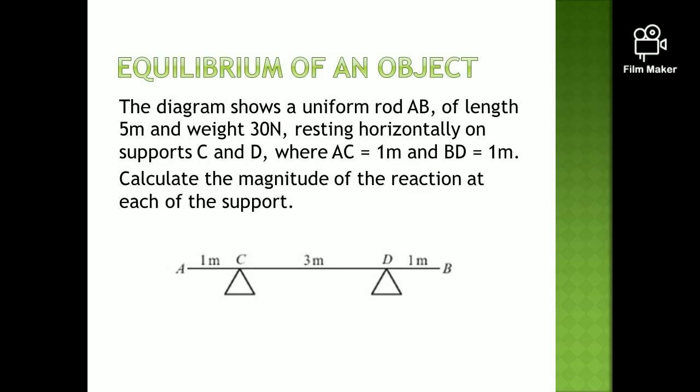In this question, a uniform rod AB of length 5 meters and weight 30 newtons is kept on two pegs C and D, which are 3 meters apart from each other. That means A to C is 1 meter, D to B is 1 meter. Therefore, since the total length is 5 meters, CD should be 3 meters. So the diagram is as shown over here.